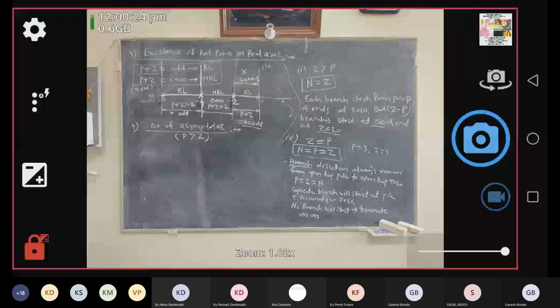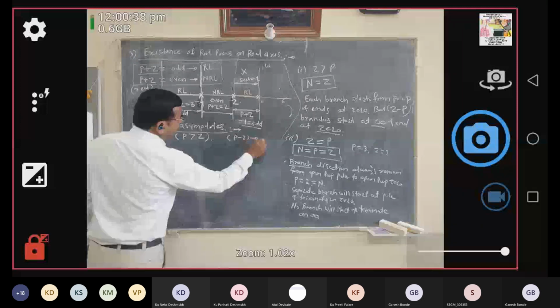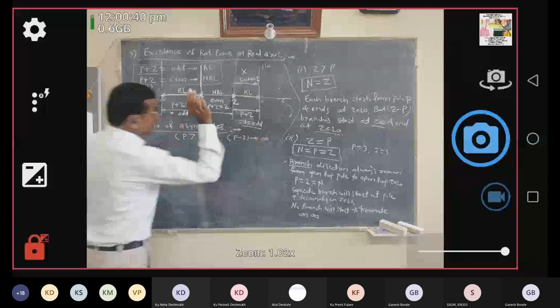When this condition arises, at that time only asymptotes are present. So we have already seen in the step number 2, when p greater than z, at that time p minus z branches are approaching to infinity. ओके सो जितनी ब्रांचेस इंफिनिटी को अप्रोच हो रही है so that much number of asymptotes are present.